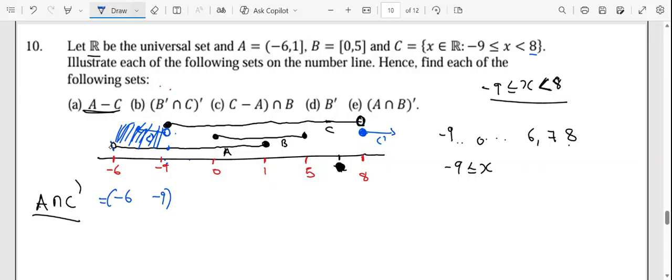But if A was closed here, meaning 6 was closed, it would have included 6 because it's outside the C, if this was shaded. Now it's not shaded. So how do they intersect? They all intersect, but they are intersecting where it is not shaded. So this 6 is not part of it. Then I'll do the union like that.